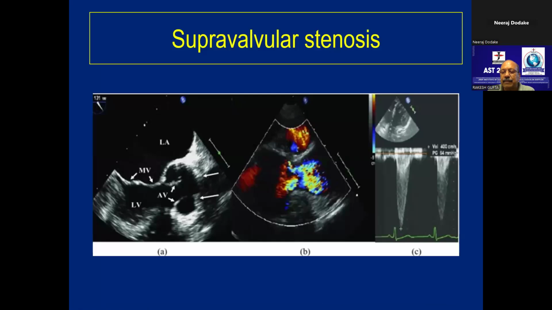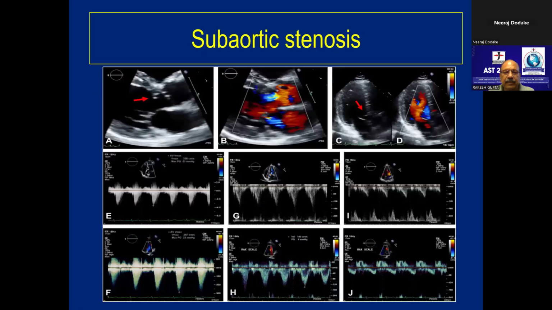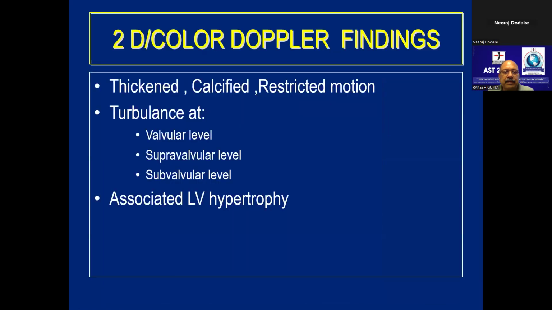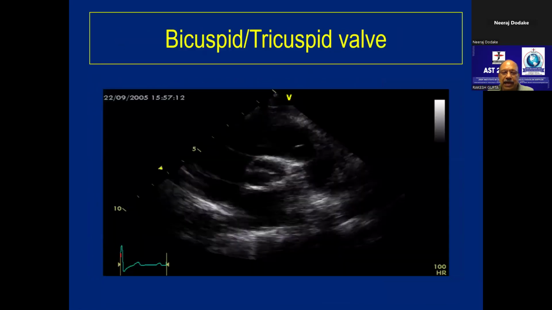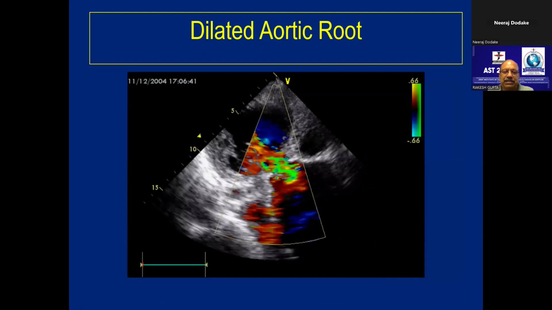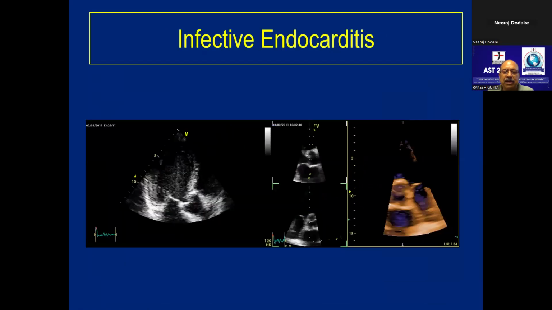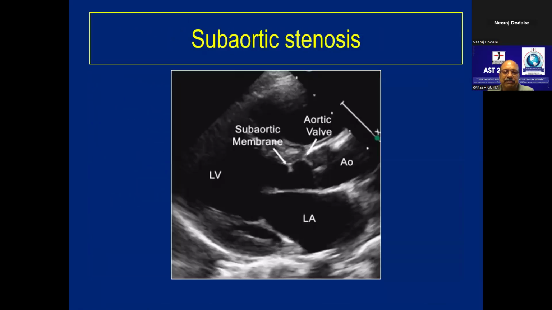So one question, sir. How to measure the systolic anterior motion and what is its significance in the assessment of aortic stenosis? SAM is a feature of hypertrophic obstructive cardiomyopathy. I do not have a clip for this, but certainly SAM is a feature of hypertrophic obstructive cardiomyopathy.